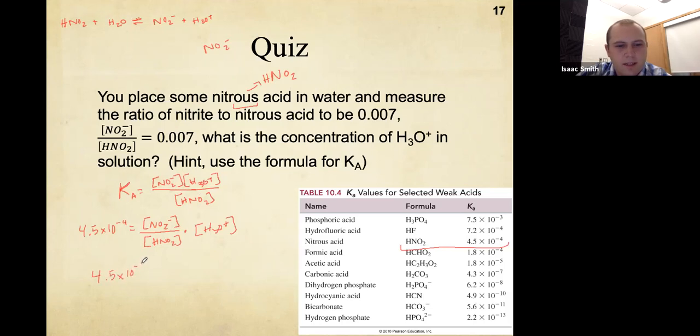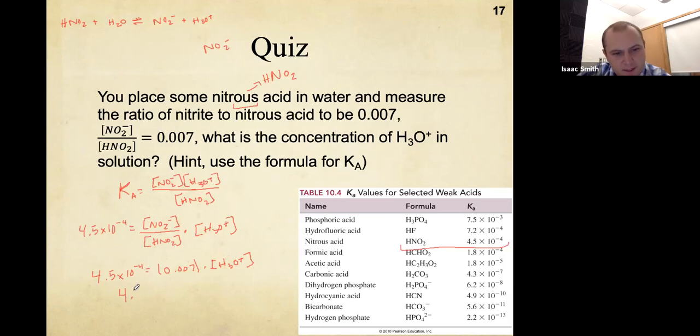4.5 times 10 to the negative 4 equals 0.007 times the H3O plus concentration, right? Now I can just divide.